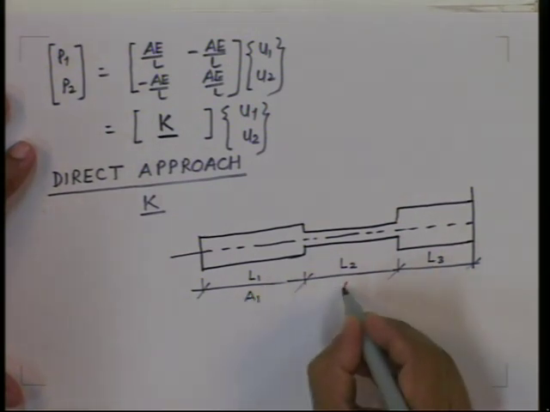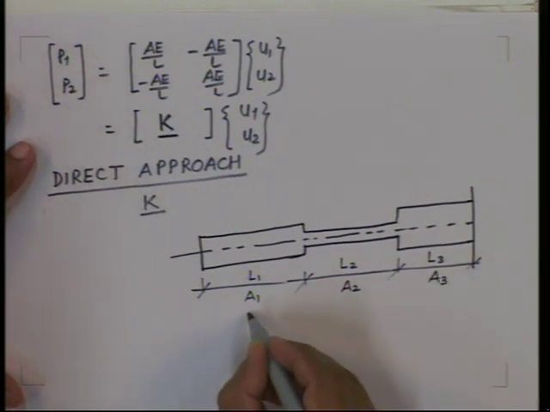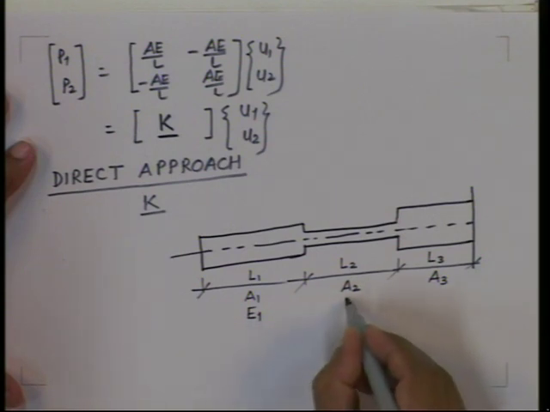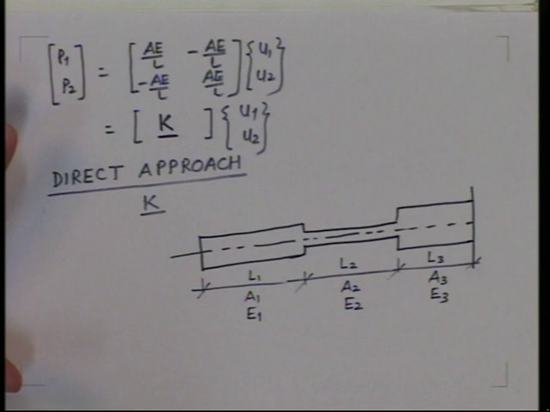Areas of cross sections are different, A1, A2, A3. Modulus of elasticity also are different, E1, E2, E3 of these three, and this is one rod.